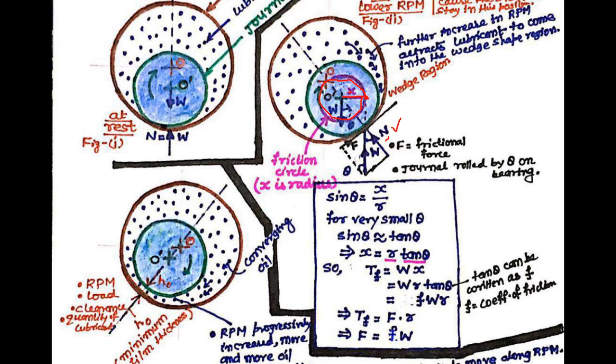What will be the radius of this circle? Suppose this is x. From the triangle, look here, this is the angle theta. The journal is rolled over the bearing by the angle theta, so we can write sin theta equal to x upon r, where x is the radius of the friction circle and r is the radius of journal.